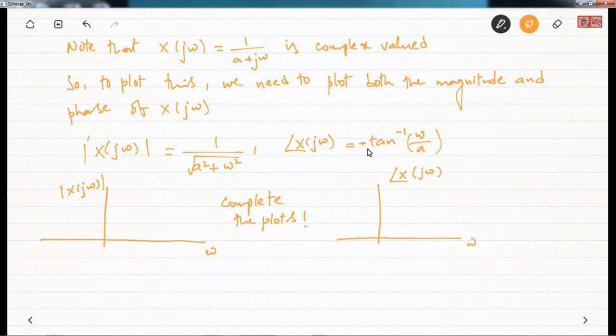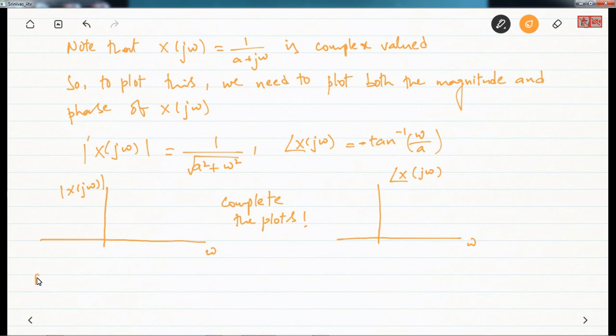So we'll do a few more examples because these examples will tell you what the Fourier transforms are for some of the basic signals. See, here we considered e power minus at, which is an exponential signal. Of course, we limited that only from 0 to infinity.